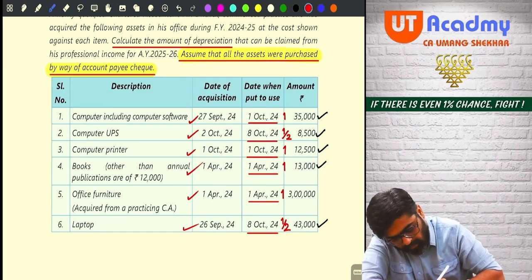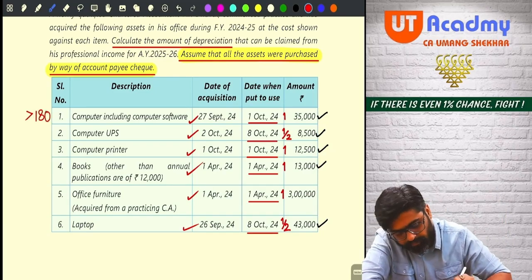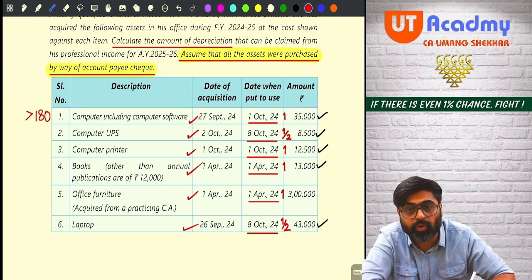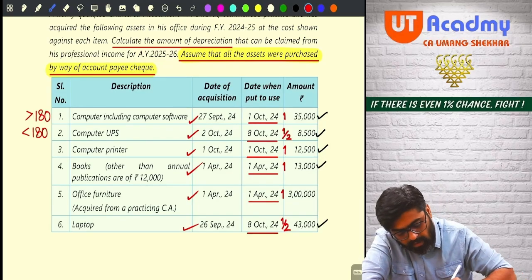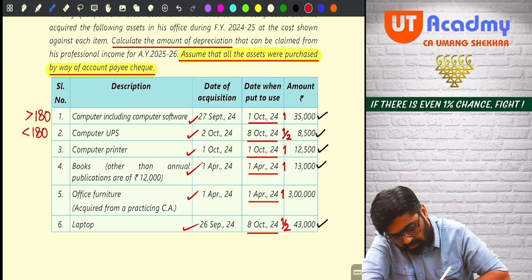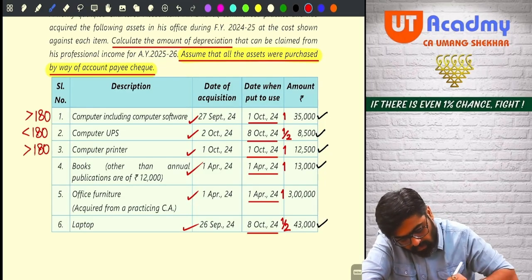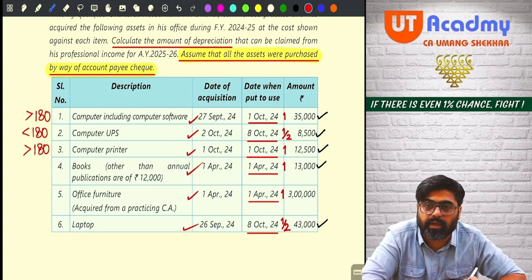So this is greater than 180 days. Computer UPS put to use on 8th October, meaning less than 180 days. Computer printer 1st October, greater than 180 days. All the computer related items will be in the single block.